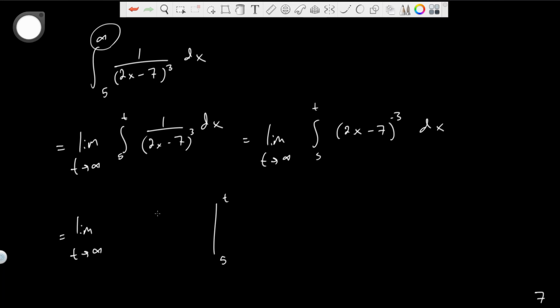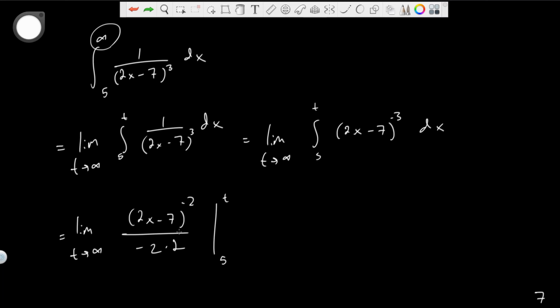Raise this to the negative 2, divide by negative 2. But then we also have that 2 on the inside, bring that on the outside. Oops, I meant to bring that 2 on the outside in the denominator. Boom.